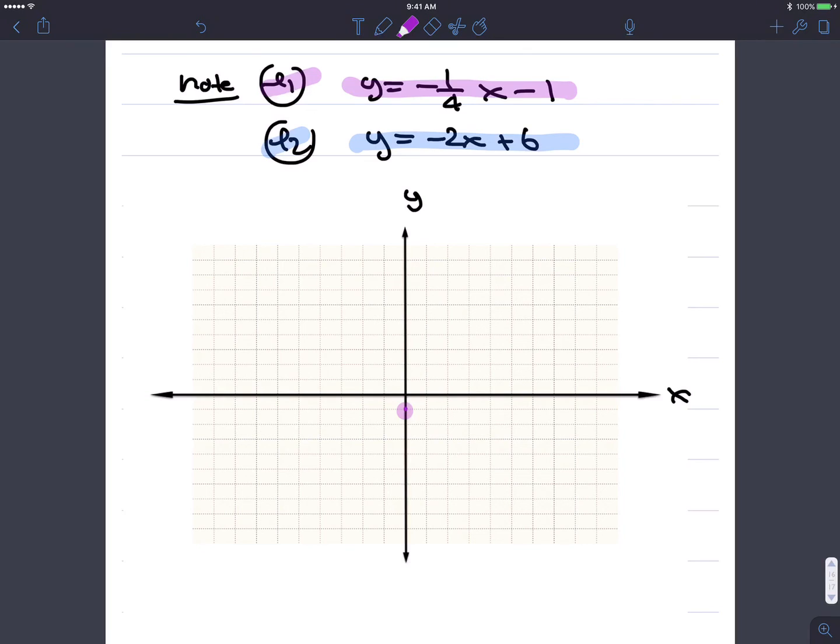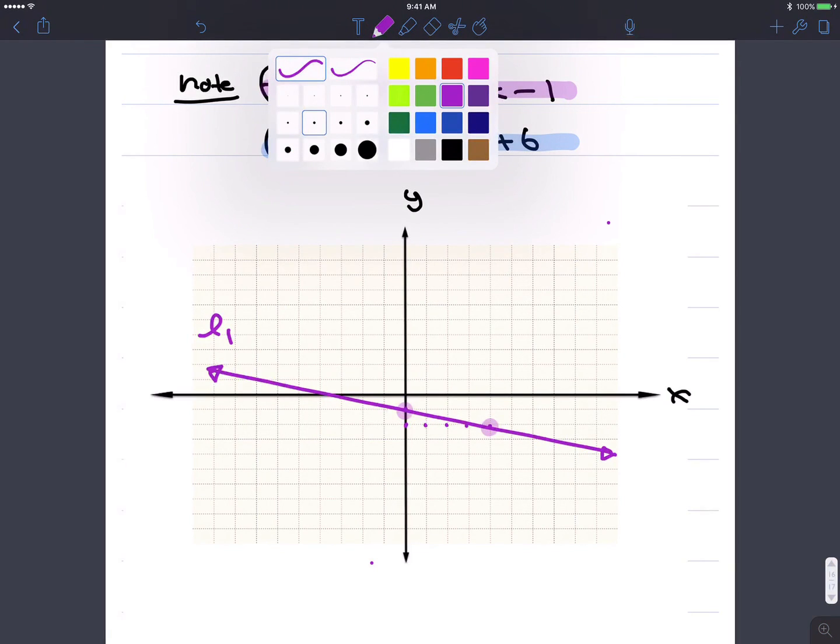Start at negative 1. We're going to go down 1 to the right 4 because that's our slope. Down 1 to the right 4. Line 1. Line 2.